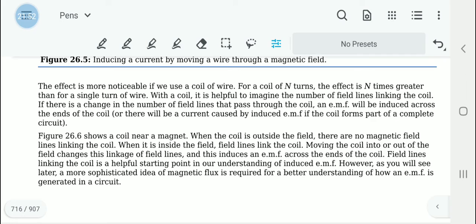Leave a line and write: this effect can be easily observed if a coil of wire is used.